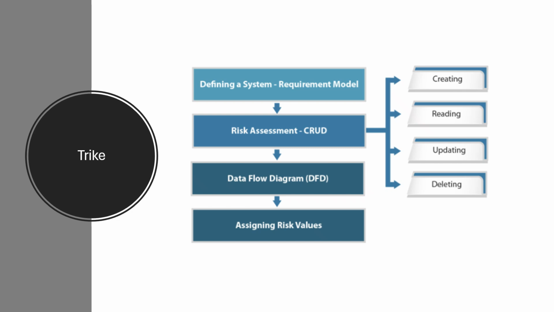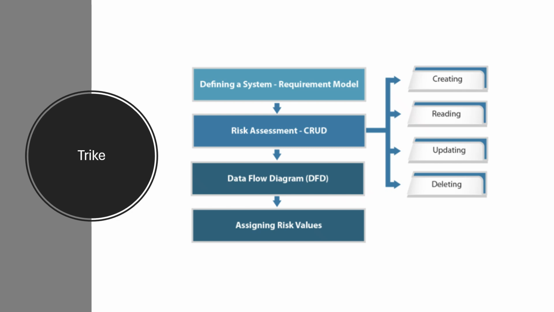Define a system requirement model. The process begins by clearly defining the system's intended operations, actors, and assets. This is captured in a requirement model that specifies what actions are authorized for each actor.